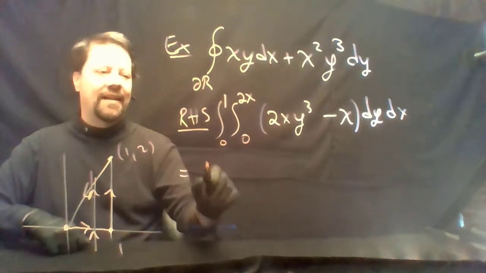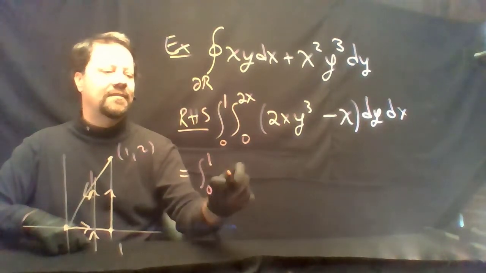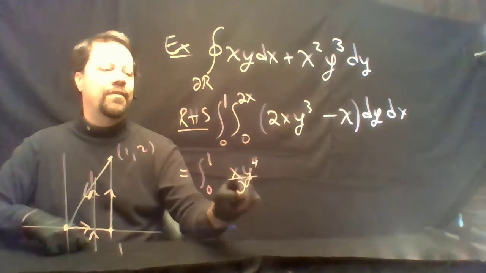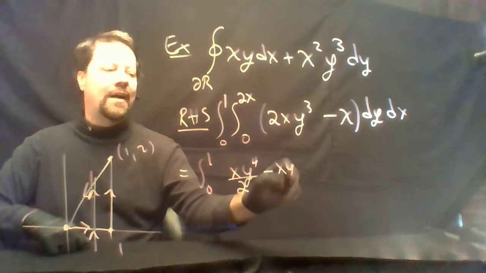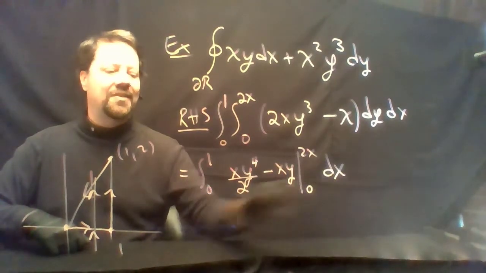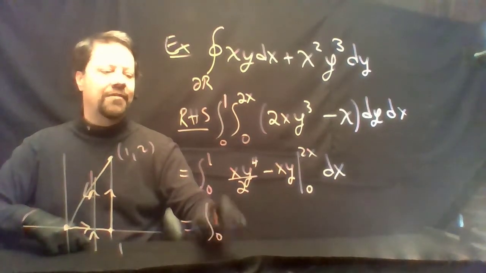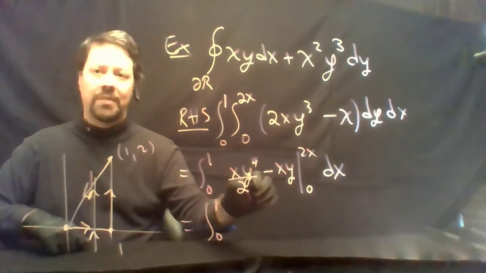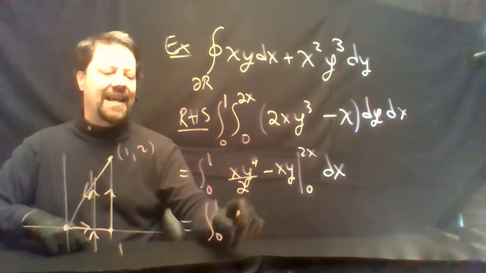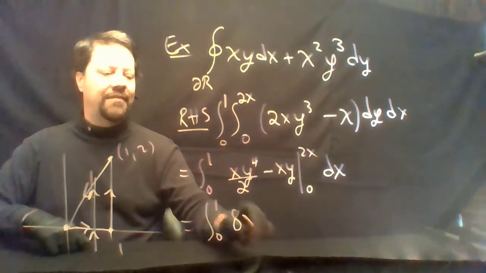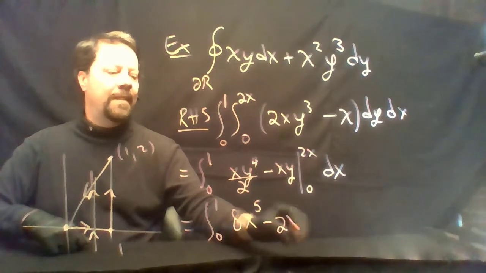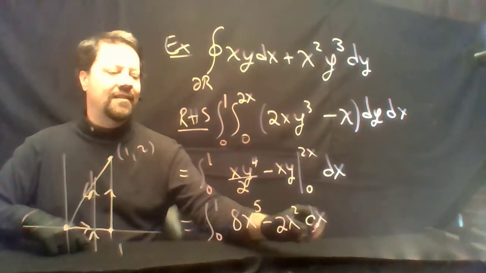Integrating with respect to y, we get the integral from 0 to 1 of x y to the 4th over 2 minus xy, evaluated from 0 to 2x dx, or the integral from 0 to 1, plugging in 2x for y. 2 to the 4th is 16 over 2 is 8. We'll have x to the 5th minus 2x squared dx.